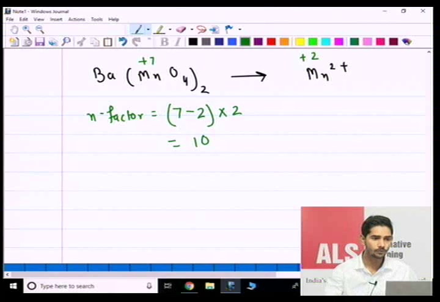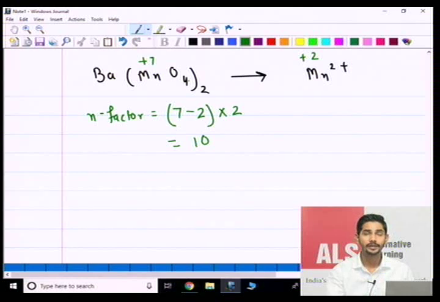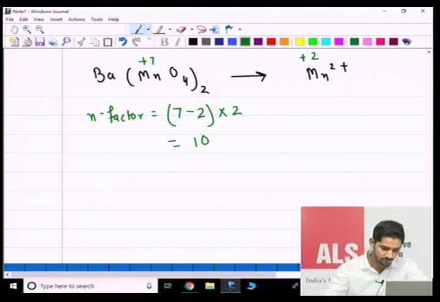So if I talk about the change in oxidation state, it should be 7 - 2. This is whole twice. It means there are 2 atoms of the Mn. That's why I have multiplied it with the 2. Therefore, the total n factor will come out to be 10. Clear? The question number was 69.